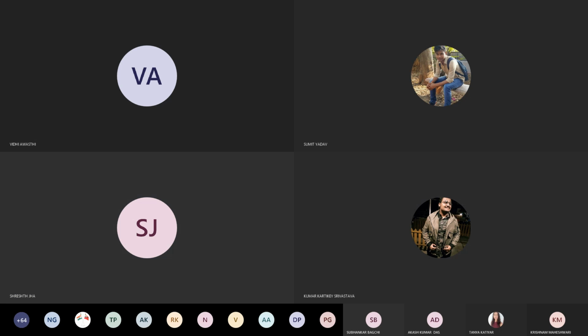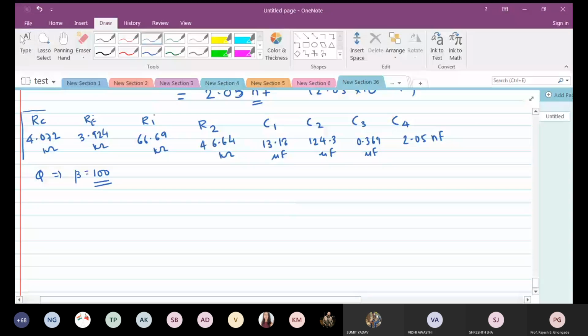So for a real device, what happens is, if you plot the curve of HFE versus frequency, or AC beta versus frequency, this value decreases like this.